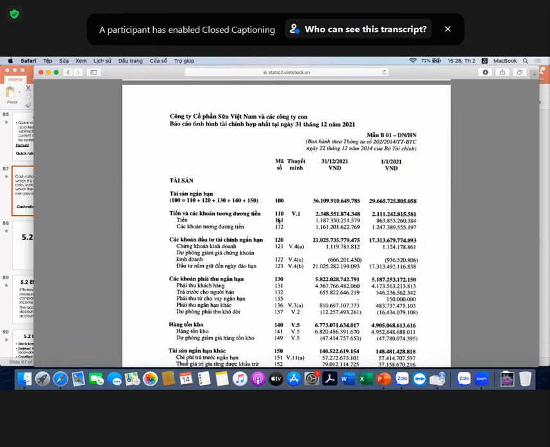Or the cash ratio is 0.14 in 2021, so what does it tell you?